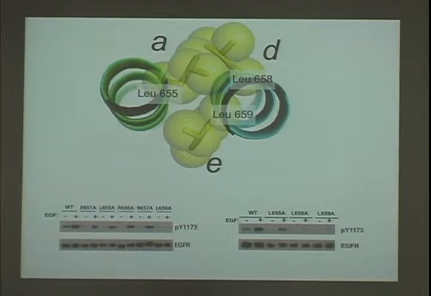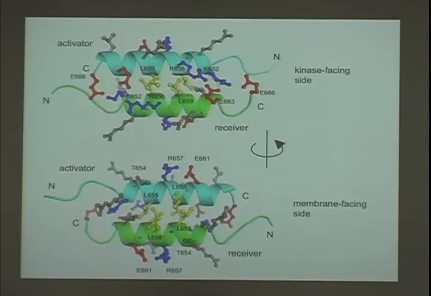And if you tinker with these leucines, you kill EGF or severely impair the responsiveness of the kinase to EGF. Now, what's particularly nice is if you just build a short anti-parallel alpha helical structure as shown here, these arginines and glutamates that I have indicated to you end up forming a network of ion-pairing interactions.